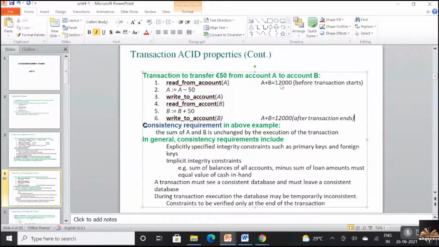Okay, it can deal with account balances, it can deal with primary key, foreign key relationships, everything. But it should be in a consistent state. That is the concept of your consistency.